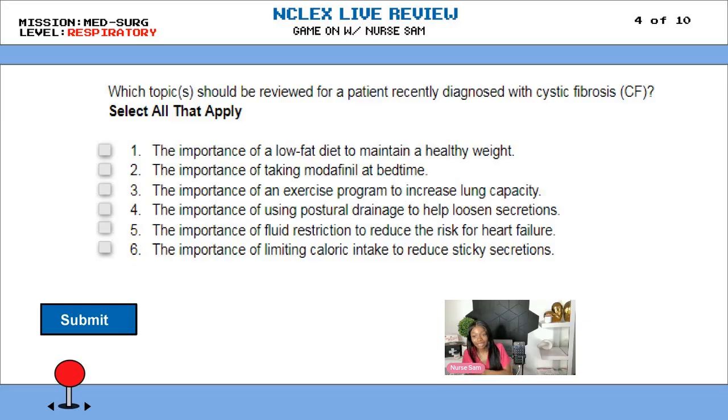But that at bedtime, that's a detail that isn't just thrown in there randomly. So pay attention to your adjectives and your descriptor words, and anything that is specific or in addition to. If you have 2 parts, then both parts have to be true.